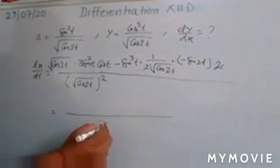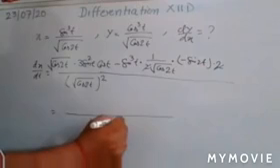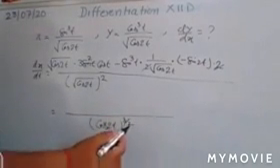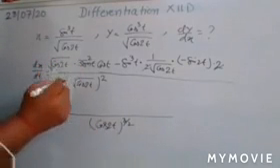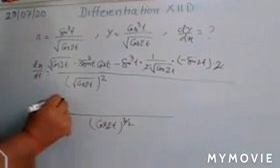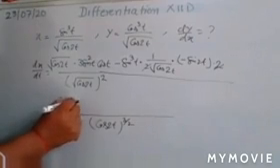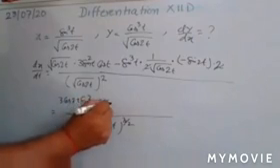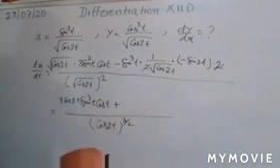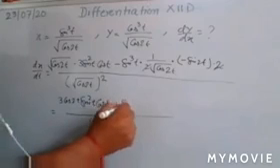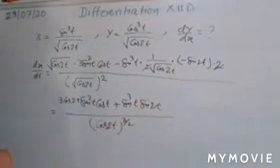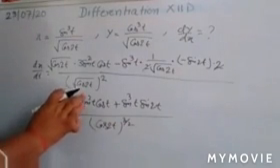Overall you have cos 2t whole power 3 by 2, means 1 plus 1 by 2. On this side you have 3 cos 2t sine square t into cos t, minus and minus, here you have plus, sine cube t into sine 2t. So in this way you have your result.